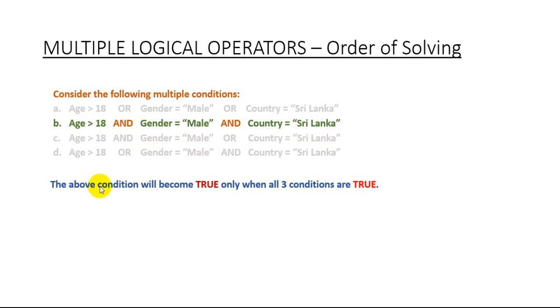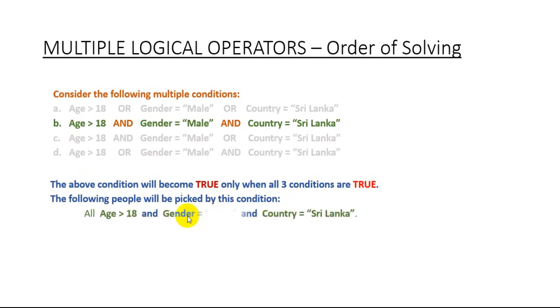That's why it says the above condition will become true only when all three conditions are true. So the following people will be picked: all above 18, male, Sri Lankan. Rephrasing it, all Sri Lankan males above 18 will be picked. Whereas if you use OR, above 18 will be picked, as well as males, as well as Sri Lankans, irrespective of the other attributes, like above 18 females and Indians and everyone.